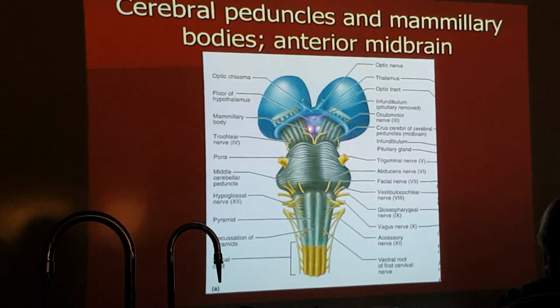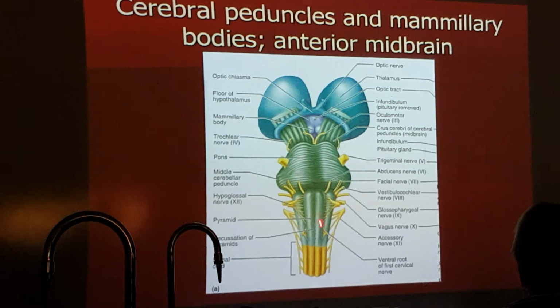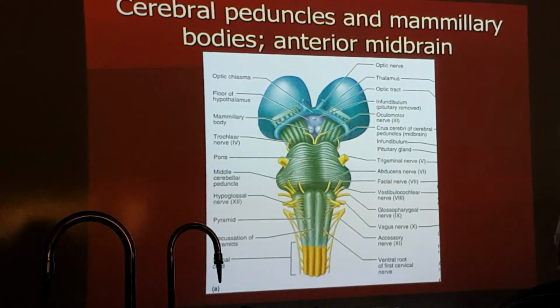Mammillary bodies, cerebral peduncles, thalami, the optic chiasma, the optic nerve, pons, medulla oblongata with the pyramidal tracts coming down the front that connect to all the skeletal muscles.